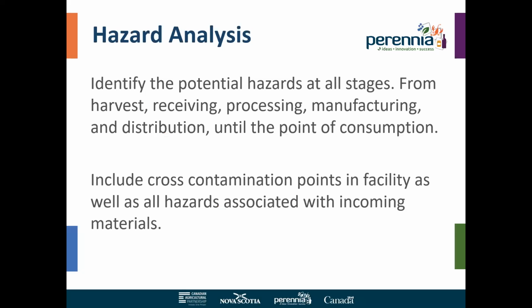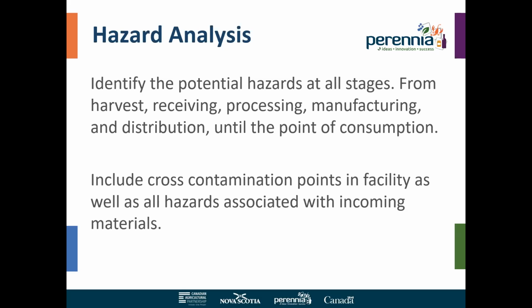And as with the process flow, after you've created and developed your plant schematic, you take that into the pack house or the storage area or what have you, and you look at it and you say, okay, is what's written on here matching what's actually happening out on the floor? If it doesn't, then of course you have to revise it. And if it meets it, great, you move on.